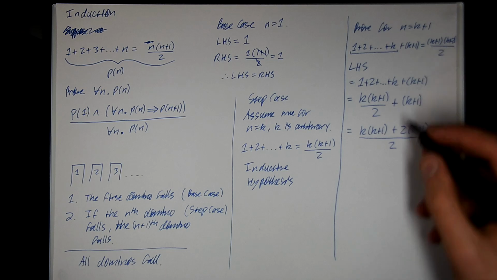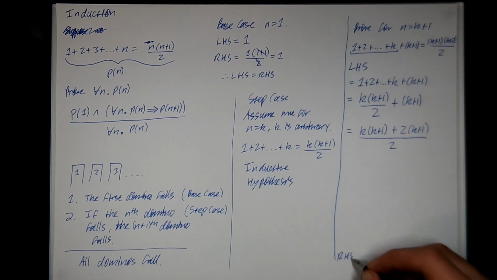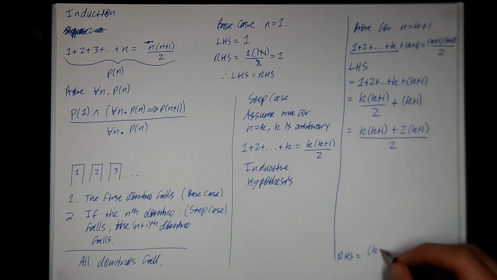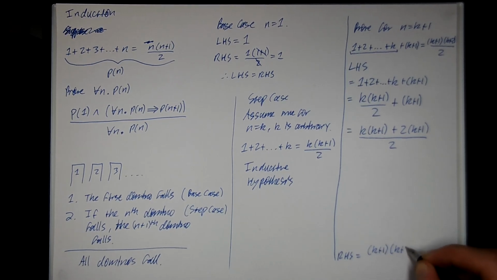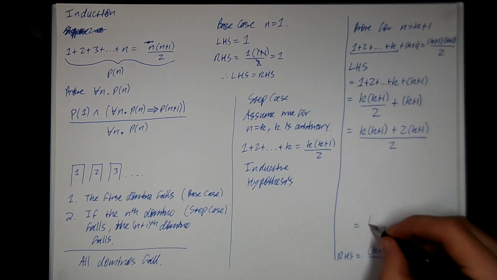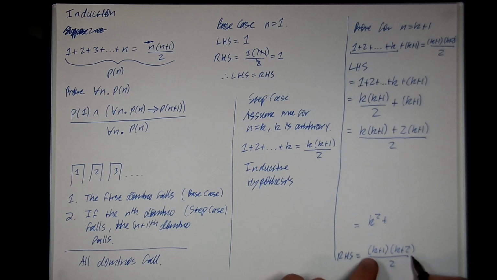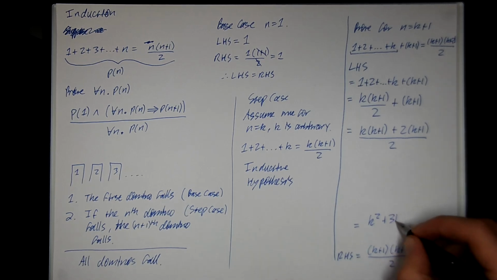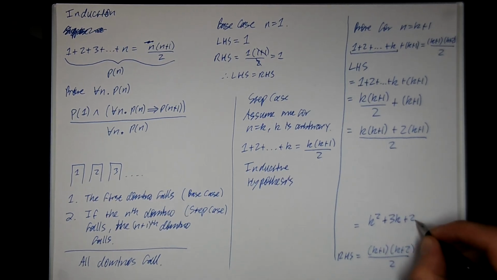Let's have a look at the right-hand side for a moment. The right-hand side is k plus 1 times k plus 2 on 2. If we expand this term out, what do we get? We get k squared plus 2k plus 1k, so plus 3k plus 2.